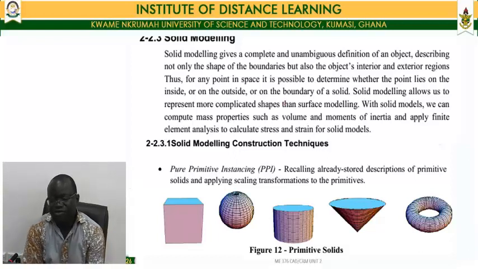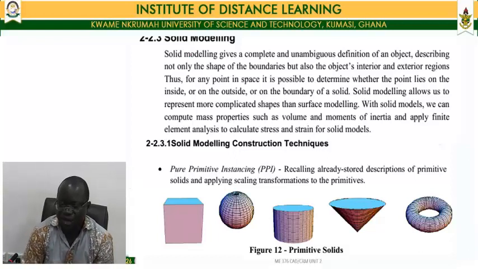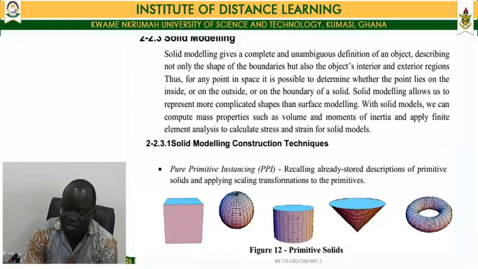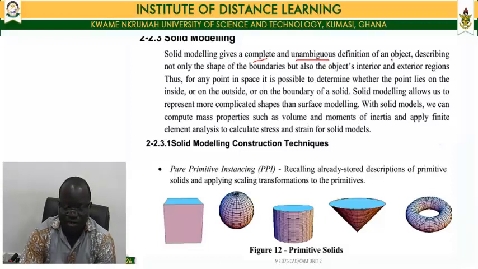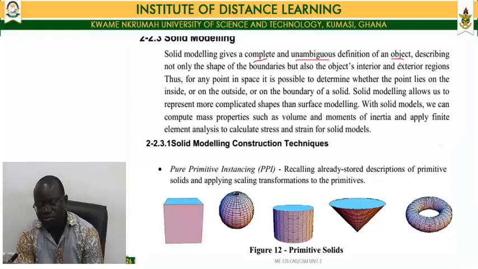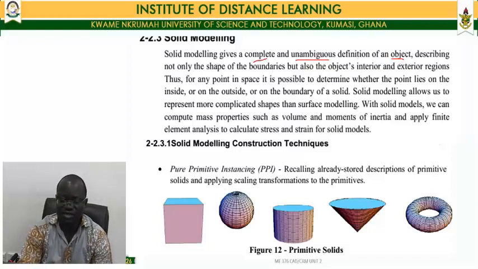That is describing not only the shape of the boundaries, but also the object's interior and exterior regions. So we say that for any point in space, it is possible to determine whether the point lies on the inside or on the outside or on the boundary of a solid.